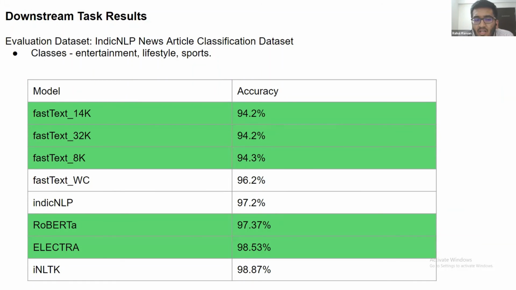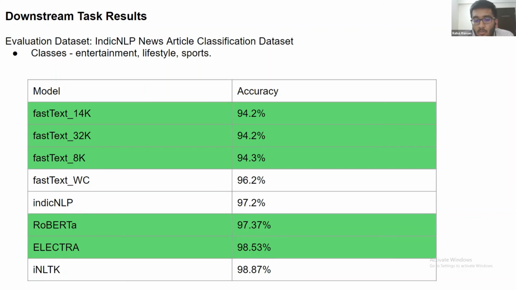The FastText models didn't perform quite as well as the state of the art, with a marginal loss of probably 2%. The FastText WC is the original Facebook one, trained on 157 different languages, and it was still able to perform quite well. The second one is Indic NLP, which was 97.2%. That's another work that used FastText, but only trained it on 13 Indian languages specifically.